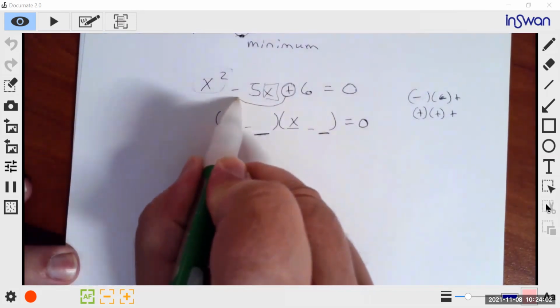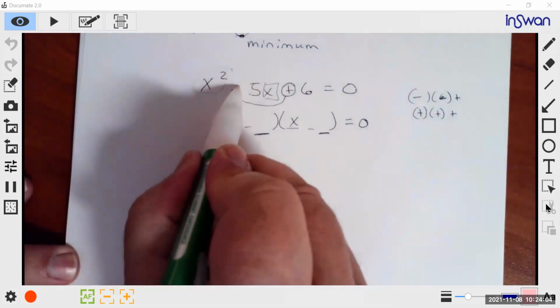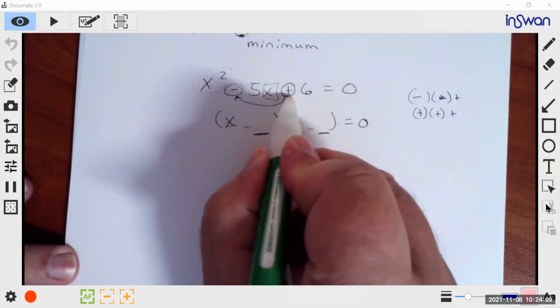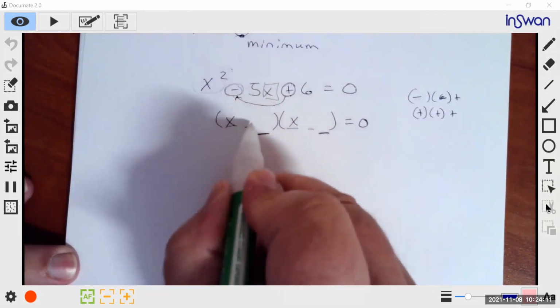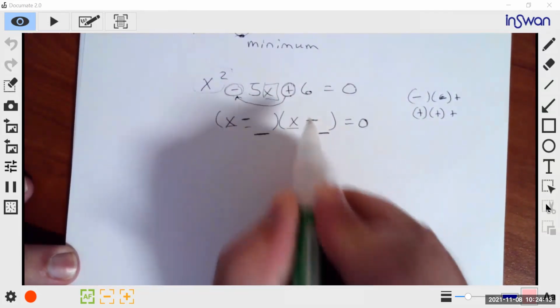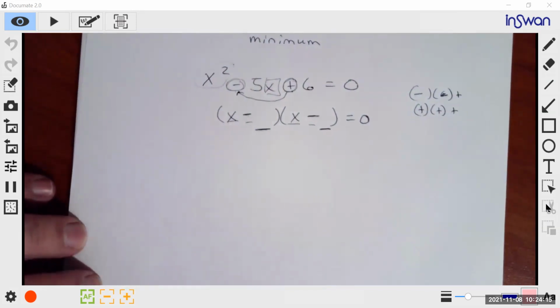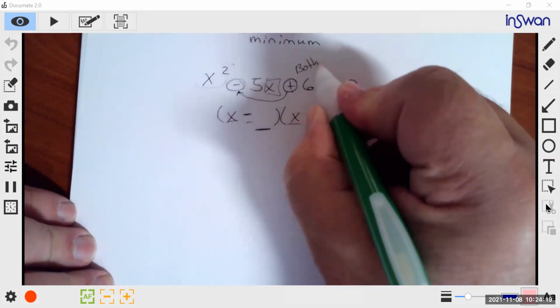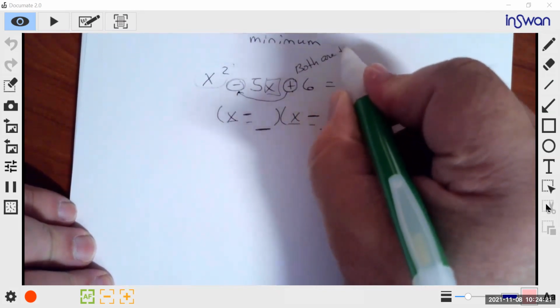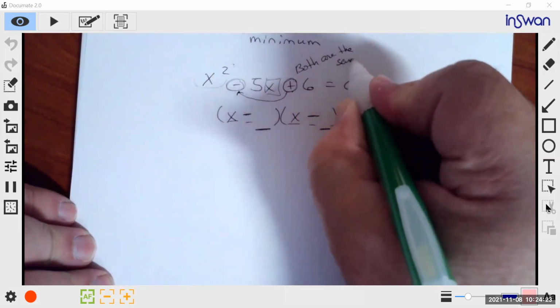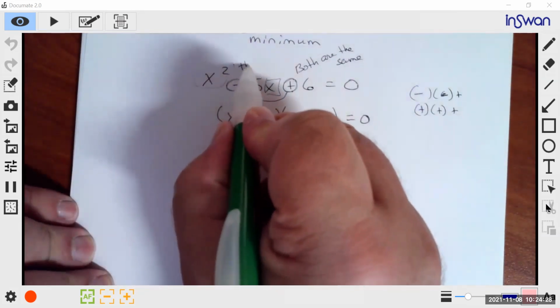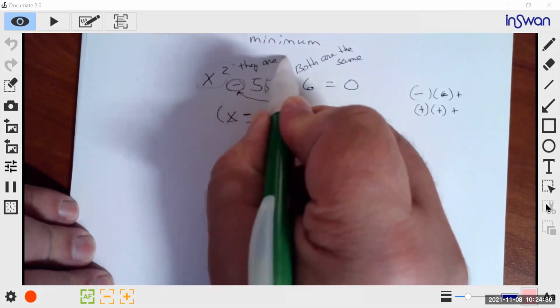So in this case, now we look at the first term. Because that's negative, this tells us both signs are the same, that both are negative. The second sign tells us both are the same. They are negatives.